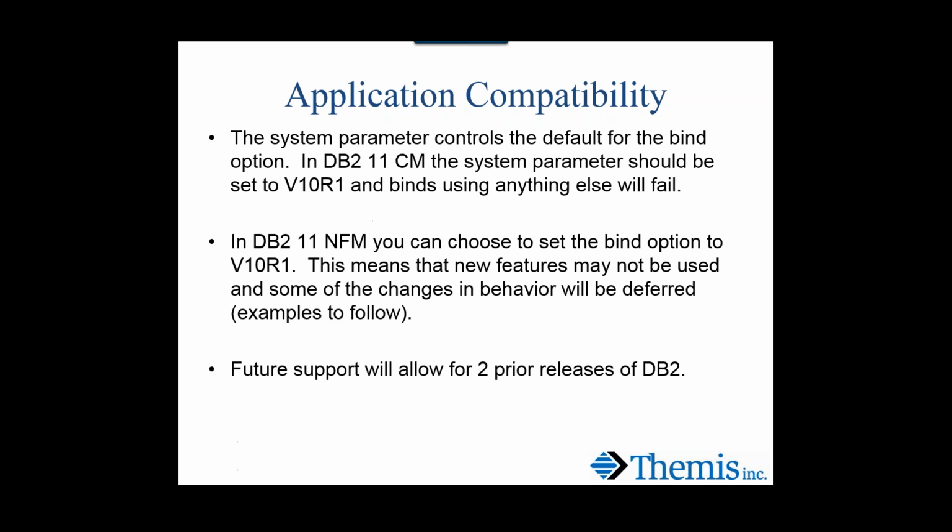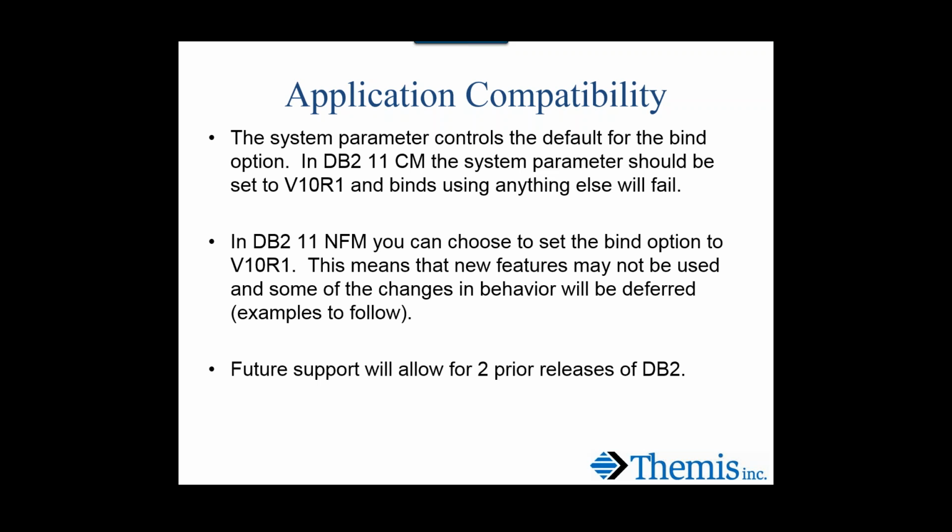So on the next slide, the system parameter controls the default for the bind. You have V10R1 and V11R1 as your options. If you use V10R1, then you're compatible with version 10, but you're not going to be able to take advantage of the new features.